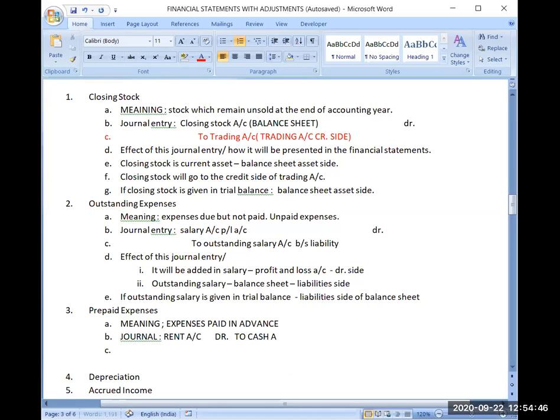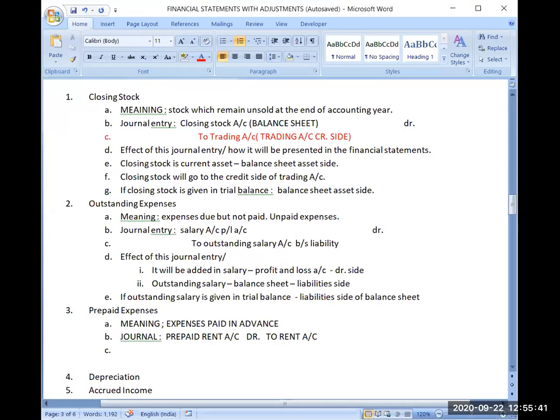For recording prepaid rent, the entry should be prepaid rent account debit to rent account.